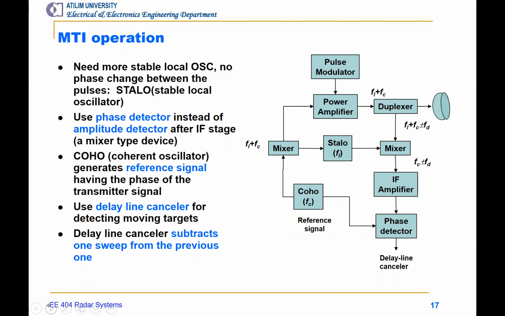So whenever we generate a sinusoid, it should be reliable in phase. It should be coherent. We have to know the phase value. There should be no drift. There should be no phase change in the system. Otherwise, we may measure the Doppler shift incorrectly, because Doppler shift, remember the first slide, is dependent on the phase variation.